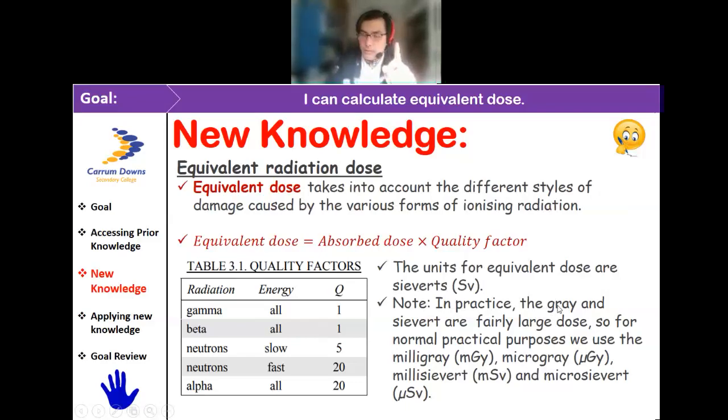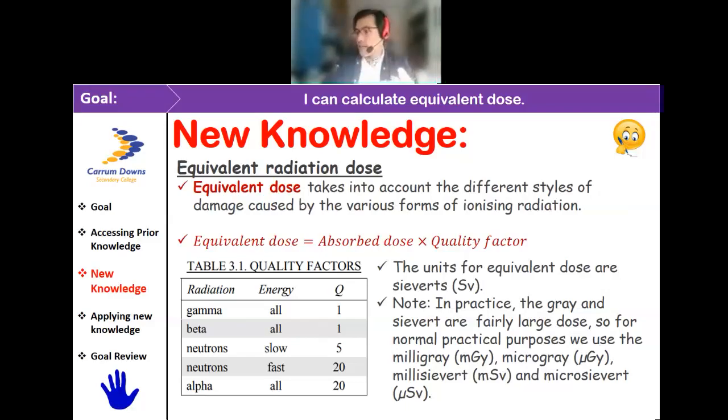If you get 1 sievert amount of radiation, you would actually develop radiation sickness, which can lead to death. So normally we don't use that large amount of dose, and normally we would deal with things like milligray and microgray, millisieverts and microsieverts.